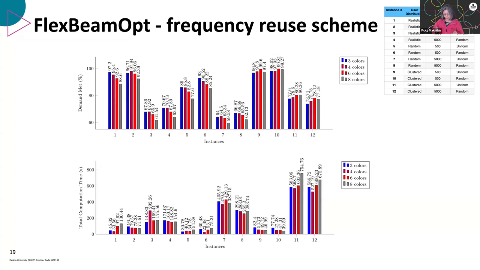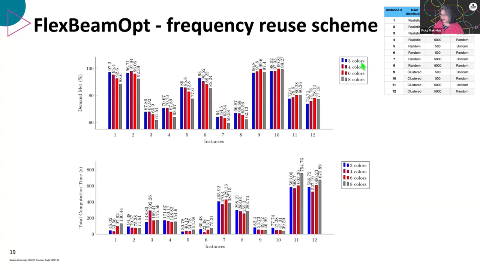There will still probably be a small amount of interference for the same frequency, even if you're using different polarization, but that's a very small amount, I was told. So we can have a 4-color, 6-color, 8-color, or 3-color scheme.